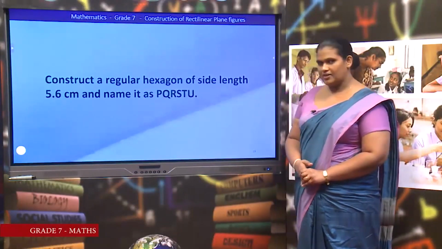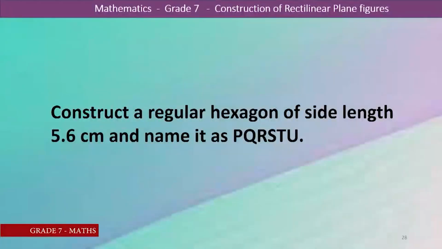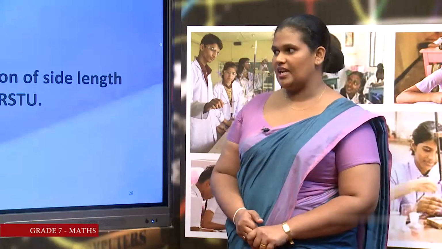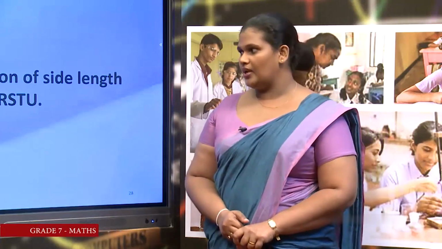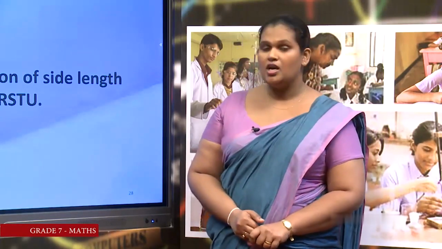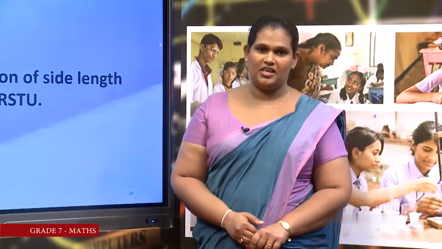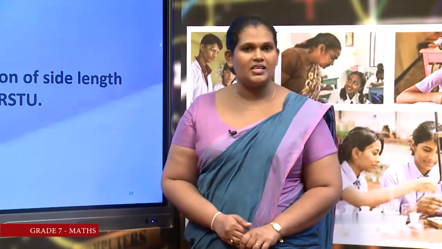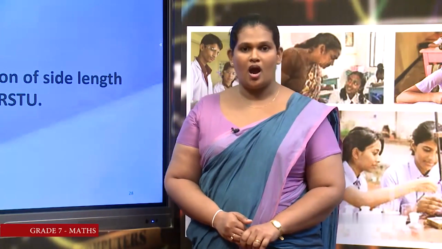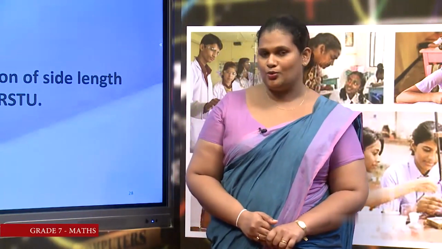Construct a regular hexagon of side length 5.6 centimeters and name it as PQRSTU. I'll say it once again. Construct a regular hexagon of side length 5.6 centimeters and name it as PQRSTU.